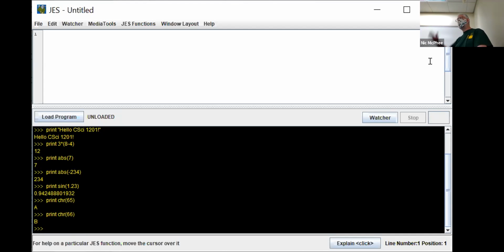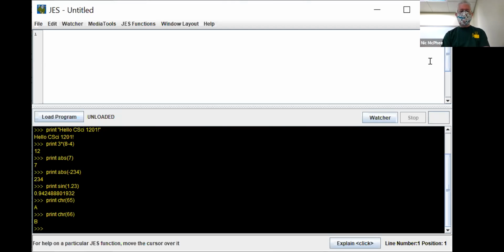Turns out that the letters are all adjacent. The little letters are adjacent in one section of the table, and the capital letters are adjacent in a different section of the table. Okay? So we can use JES to figure out what the values are for different letters.